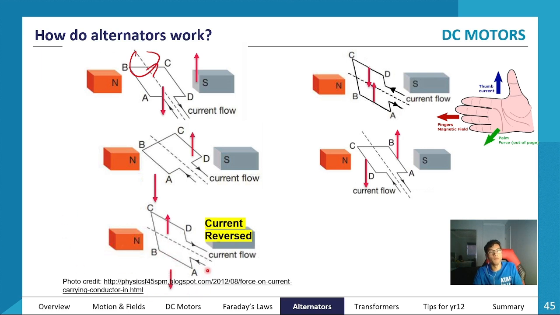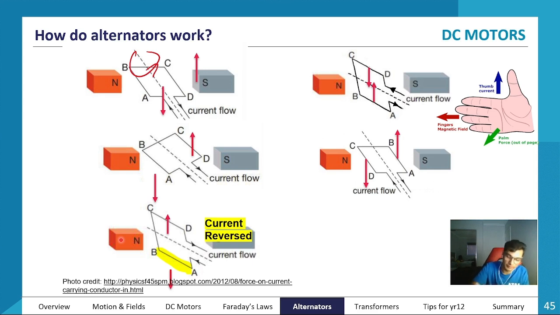And when we get to this position, there's a slight problem. If we were to use your right hand slap rule, we know that the current will take this side BA. We know that the current is going into the page, and we know that the magnetic field is going from left to right. So the force acting on the side BA is straight downwards.